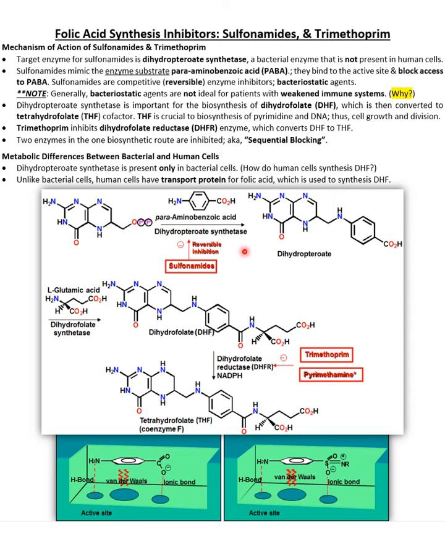They will not be able to make the building blocks required for multiplying and synthesizing more DNA for growth and division. This molecule is also important for humans, but we will see in a minute why these drugs do not affect human cells.